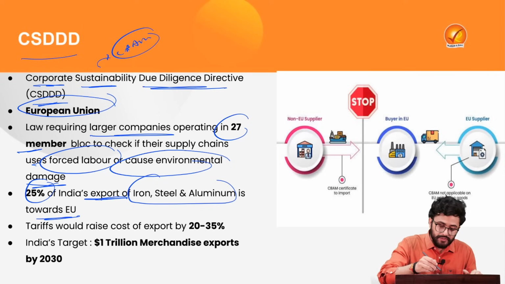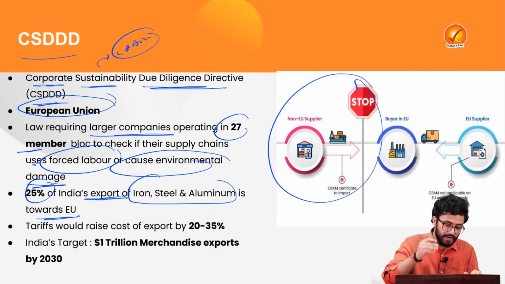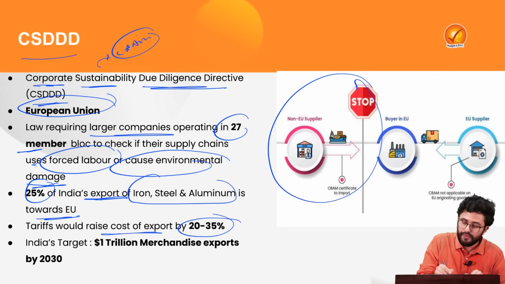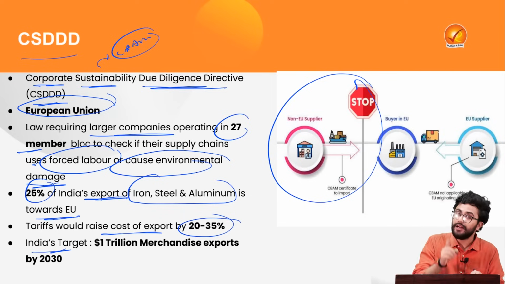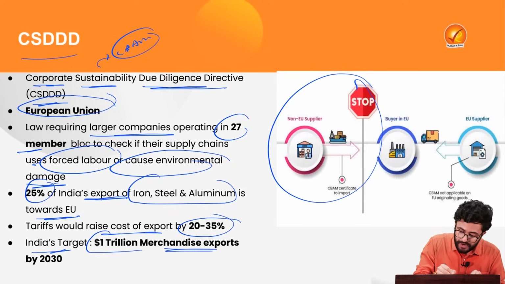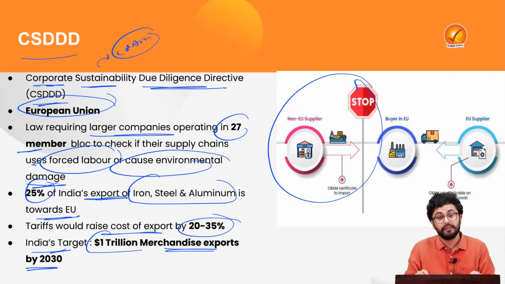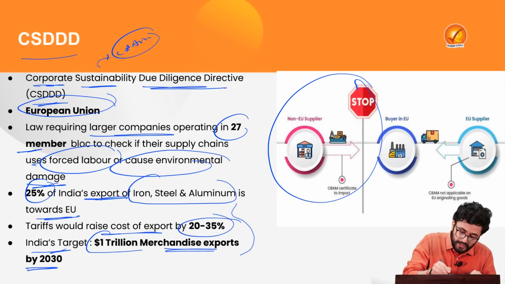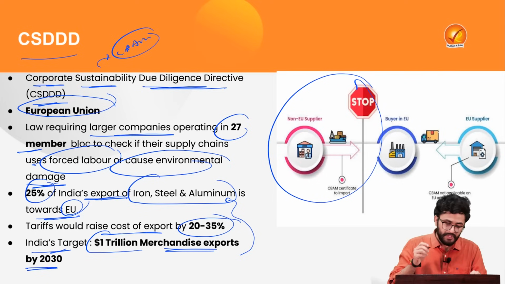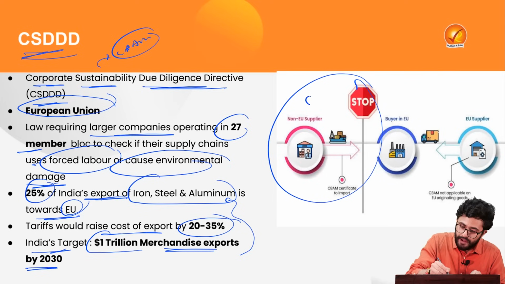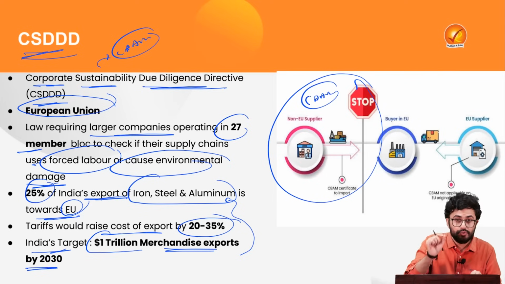Because the tariffs which will be applied here will raise the cost of export by 20 to 35%, and it can significantly impact India's target to achieve $1 trillion of merchandise export by 2030, because 25% of it is directed where? To the European Union. So keep this CS3D and CBAM very close to your mind.